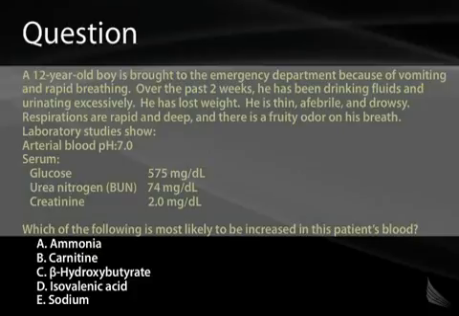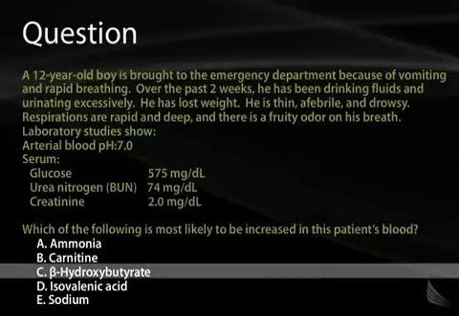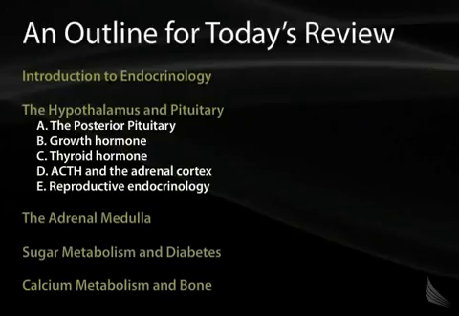And the reason for all of this is the accumulation of beta-hydroxybutyrate, which is answer C, in his blood, that's driving this process. So this concludes the section on carbohydrate metabolism and diabetes.